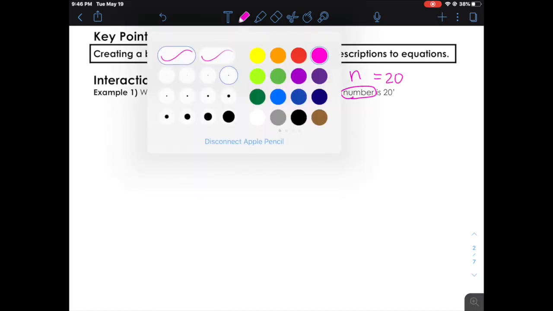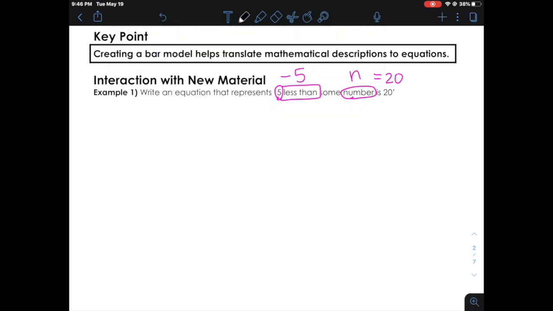Now notice I did not write that one as my total this time, and it's because since we have less than, we are going to have to subtract. And remember, when we subtract, we have to be careful about what number we select as the total. The number that we start with is our total.